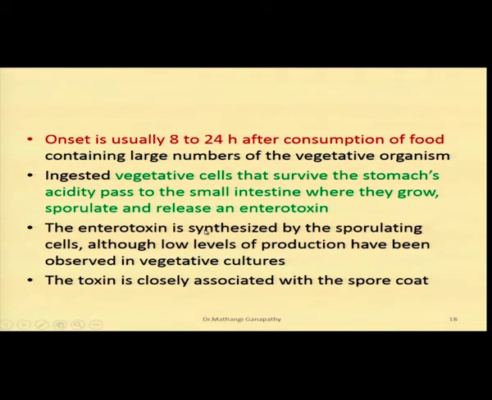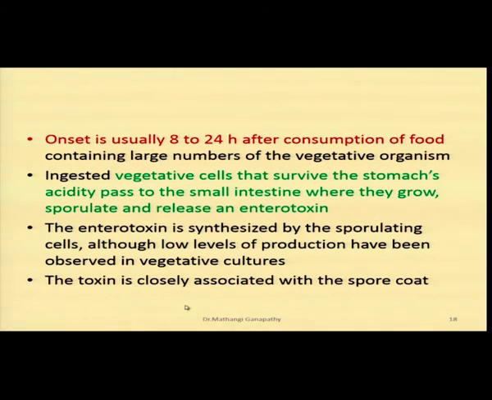The enterotoxin is synthesized by the sporulating cells, although a low level of production has been seen in vegetative cultures also. Normally, the enterotoxin is synthesized only by the sporulating cells, but vegetative cells are also capable of producing low levels of these enterotoxins.